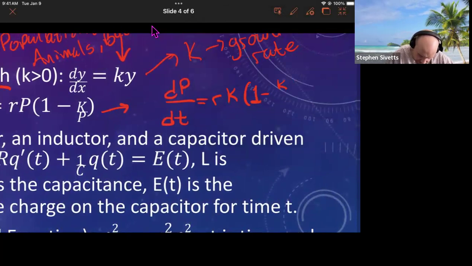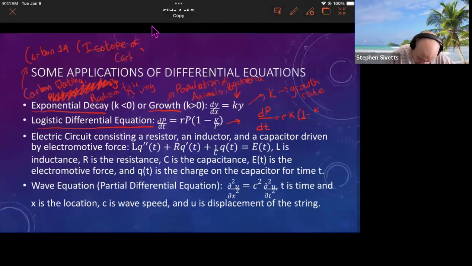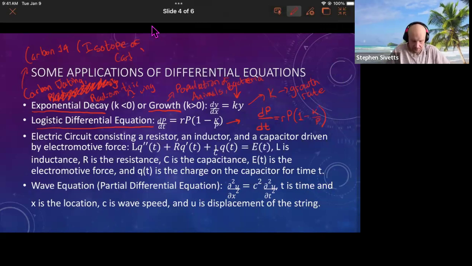Hold on a second. Yeah, I have to go to the actual size of the screen so I can erase all my writing on here. So it'll be r times p times 1 minus k over p. Okay.